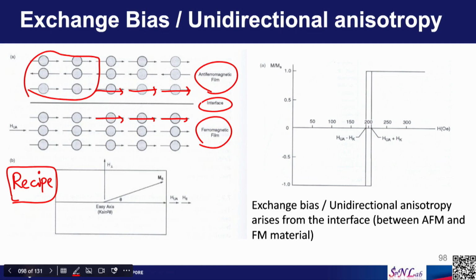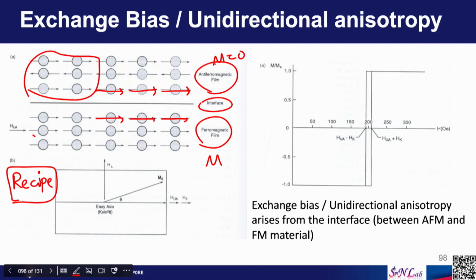So you have formed this kind of interface, and now if you measure the hysteresis loop of this whole thing, the antiferromagnetic material will not show anything significant, because you know that their net magnetization is 0. So what you will see is the magnetization response of the ferromagnetic film affected by this antiferromagnetic film.